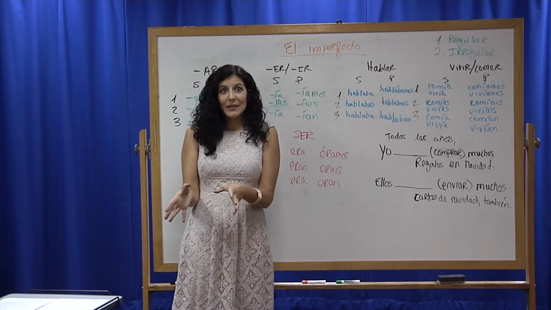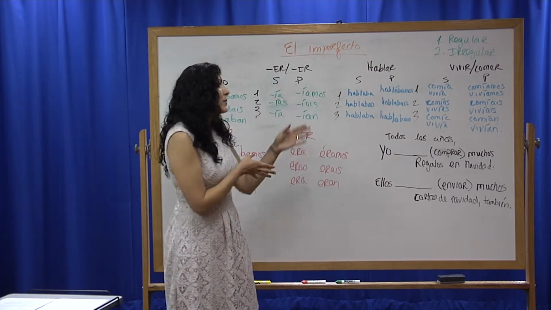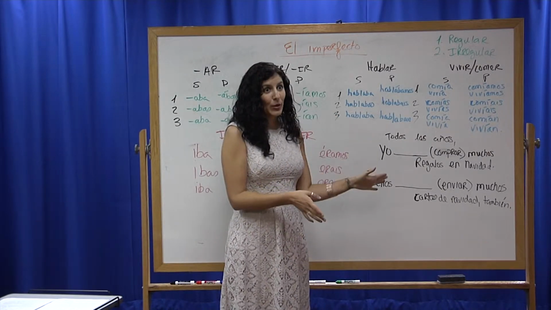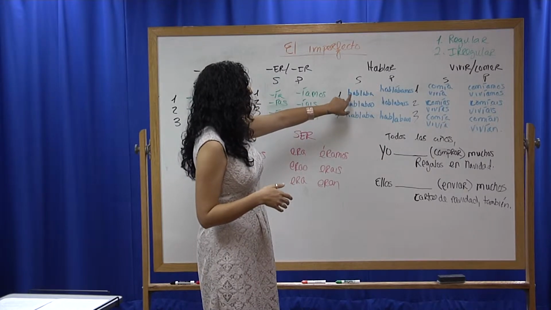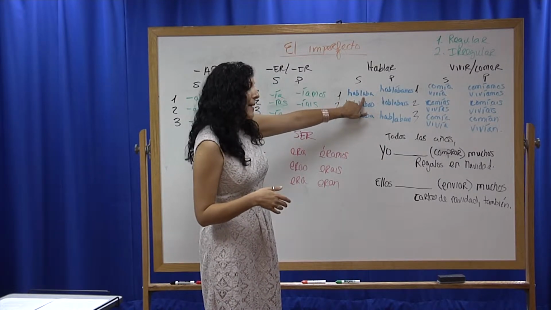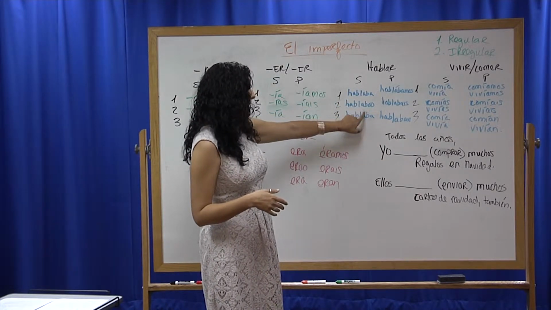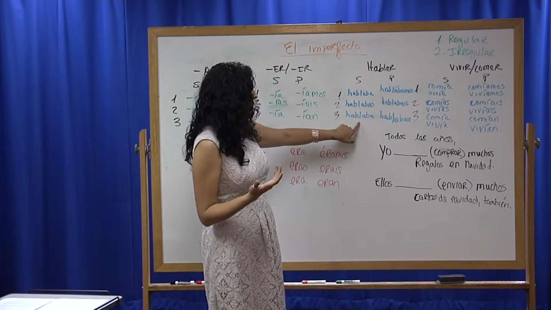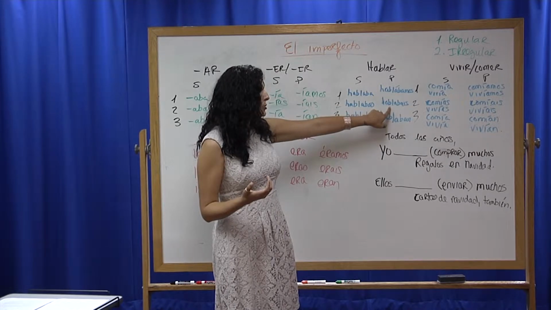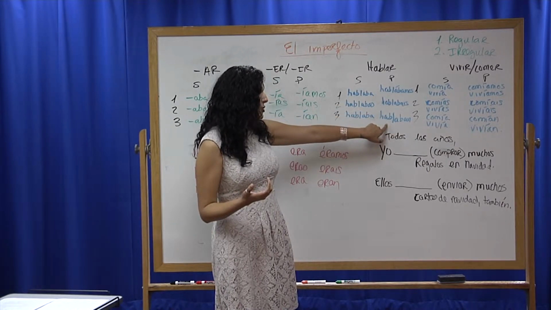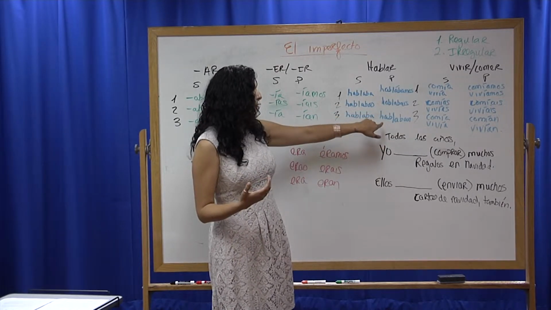If we had hablar, for example, this is how we might conjugate it in the imperfect to talk about a past event. So here we go: yo hablaba, tú hablabas, él, ella, usted hablaba, nosotros hablábamos, vosotros hablabais, ellos, ellas, ustedes hablaban.